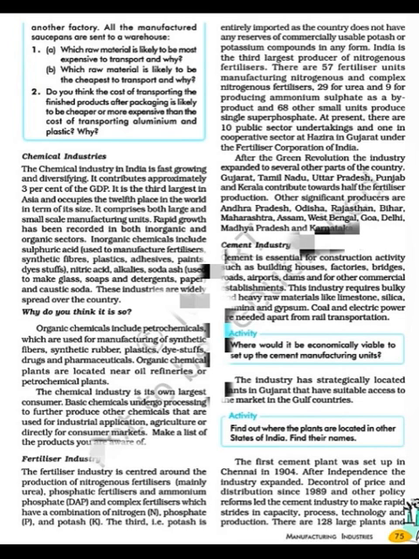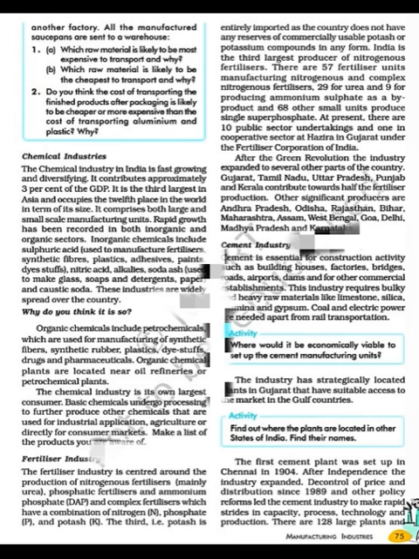So sulfuric acid is used in fertilizers and the paint industry. Then soda ash is used in the soap industry, paper and glass. And then caustic soda, which is used in soap and detergents.